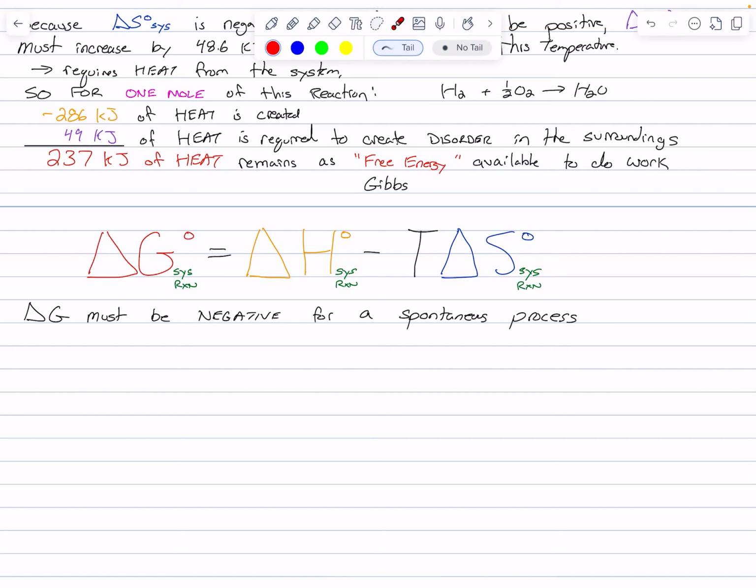Now, that means it would probably be enthalpy driven, right? So when you talk about driving force, to make delta G negative, you can have one, delta H negative, which would mean that it's enthalpy driven. Or you can have two, delta S be positive, which means it's entropy driven.